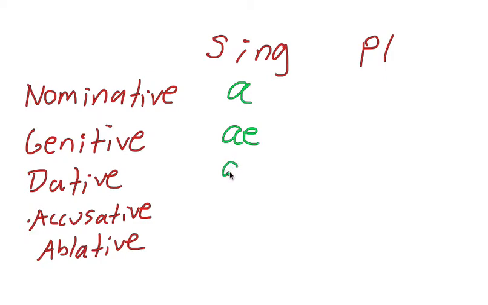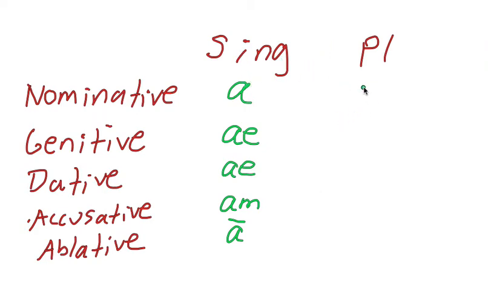The dative singular ending is again I, same as the genitive singular. The accusative singular ending is am, and finally the ablative singular ending is a, but this time with a long mark, which we refer to as a macron over the A. That macron is very important because it will distinguish the ablative case from the nominative case. Okay, so that's the singular.